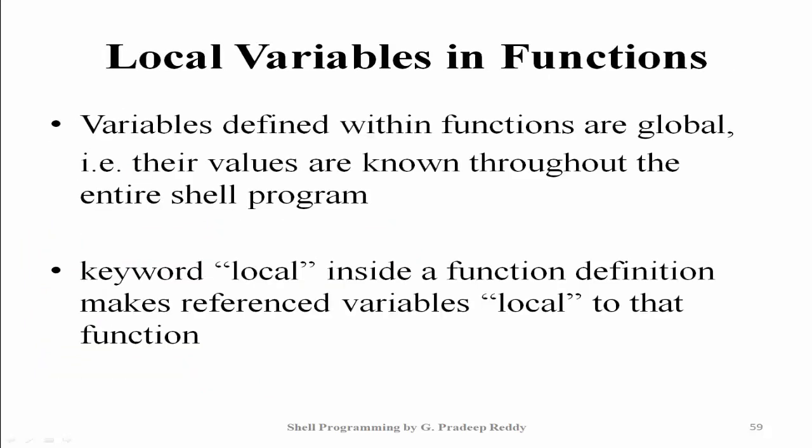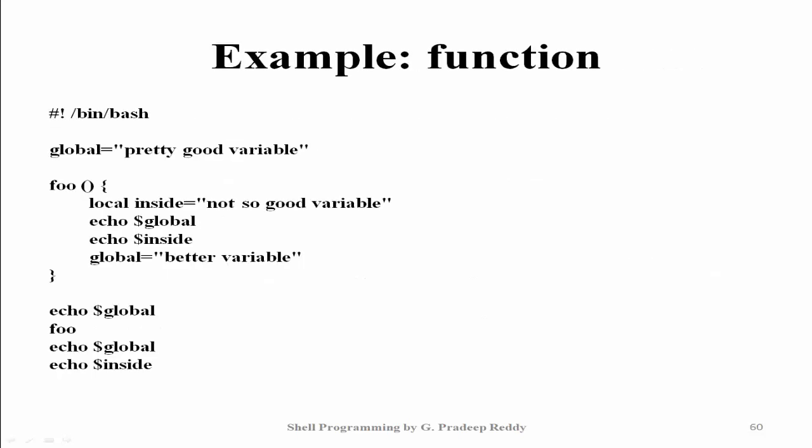Here you are going to have local variables in a function. The variables defined within the functions are global, that is, their values are known throughout the entire shell program. The keyword local inside the function definition makes referenced variables local to that function. For example, here you are going to specify a global variable.